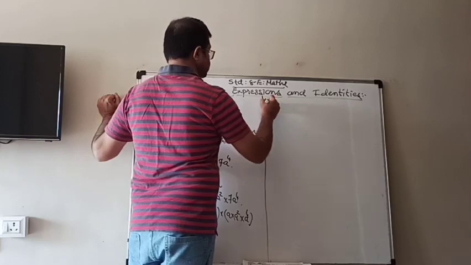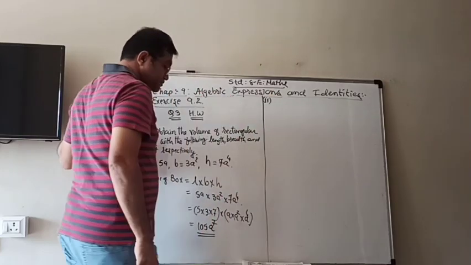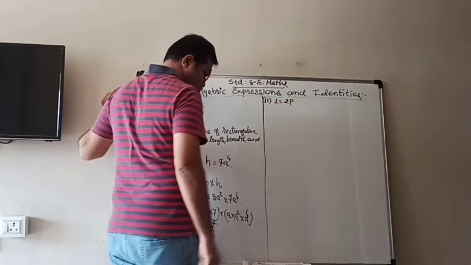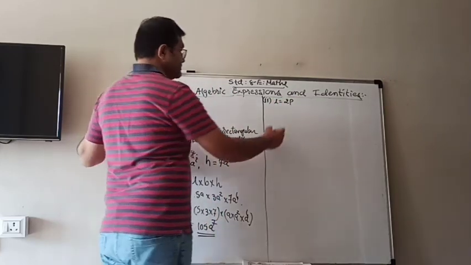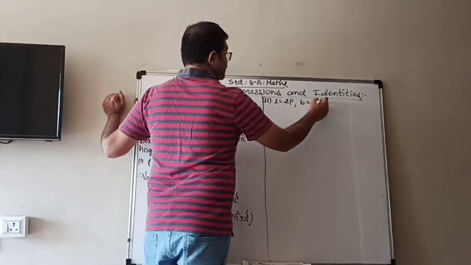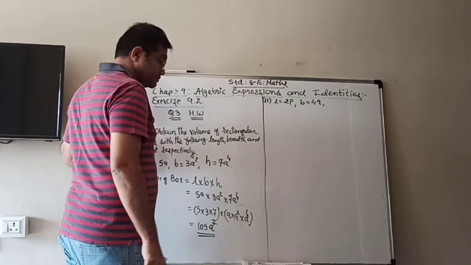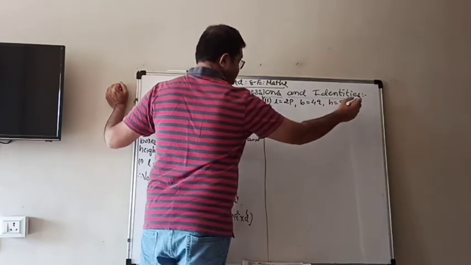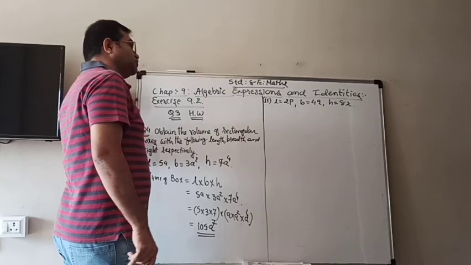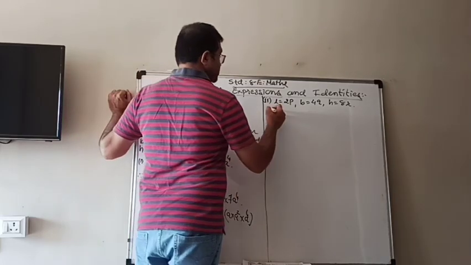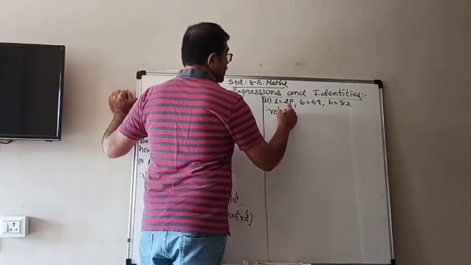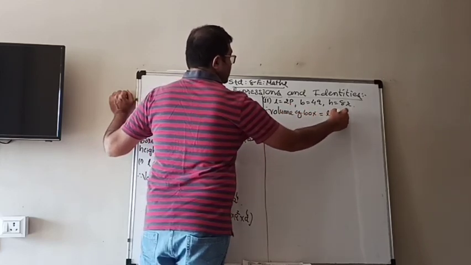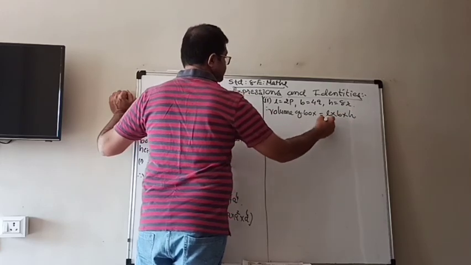Let's take the second set, in which length is 2p, breadth is 4q and height H is equal to 8r. Therefore, volume of box is equal to LBH.